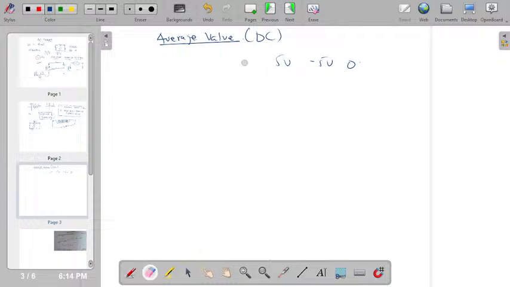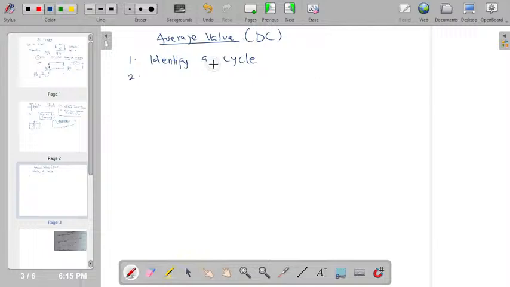So how do we find the DC value in any alternating circuit? It's very simple. Number one, you identify your cycle within the circuit, because alternating current is a cycle. It has a sinusoidal nature.